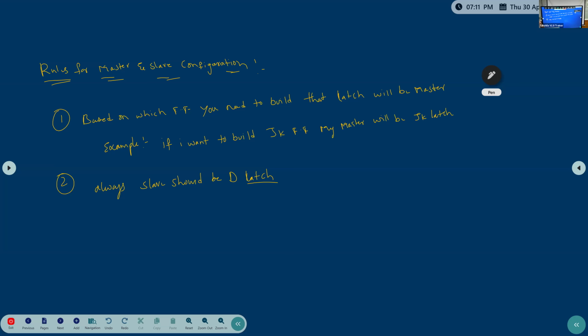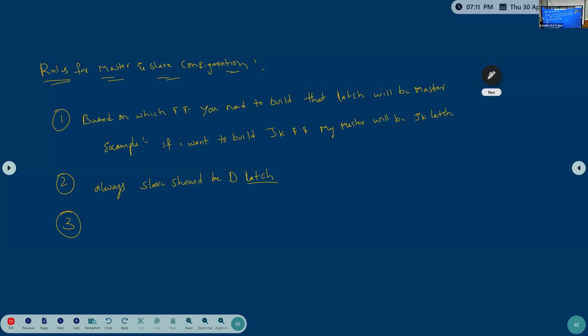So now the third condition. Master and slave should not be the same level trigger, meaning it should be opposite triggering.